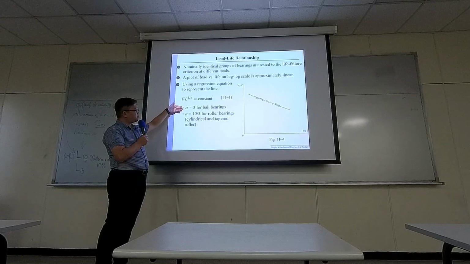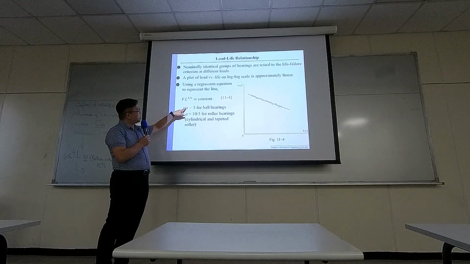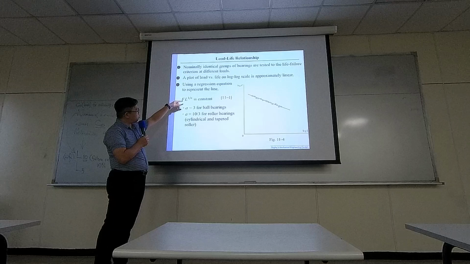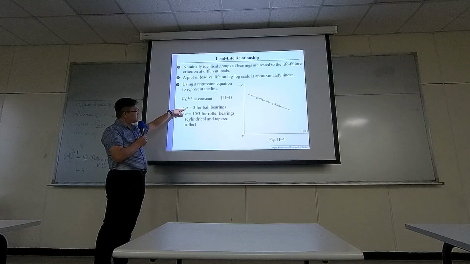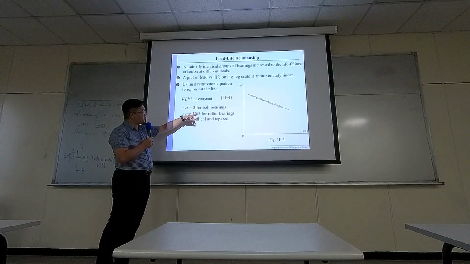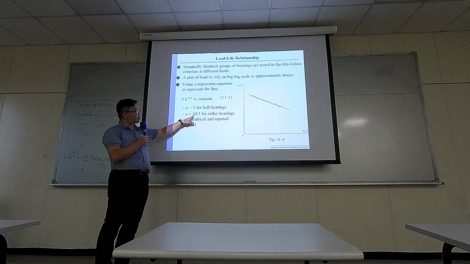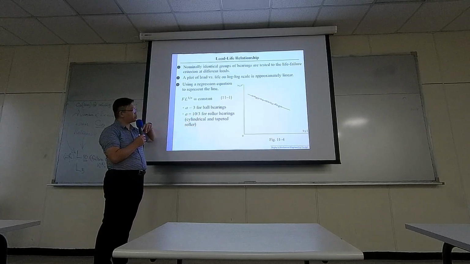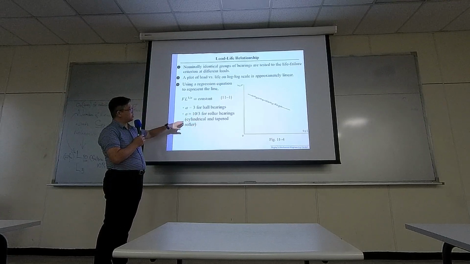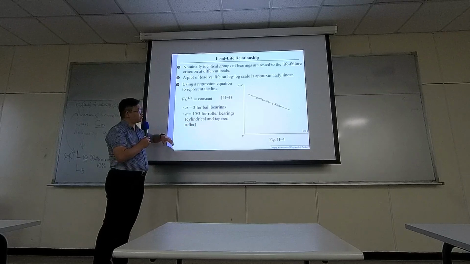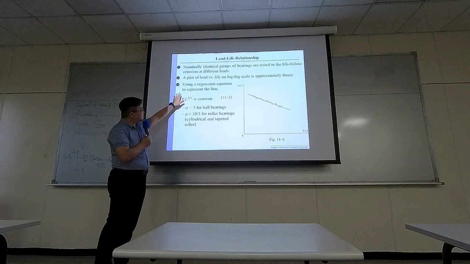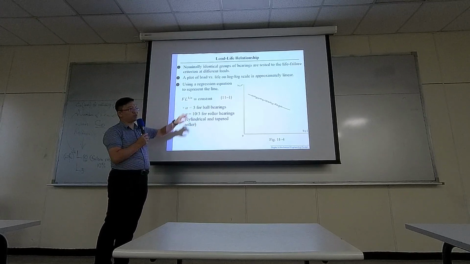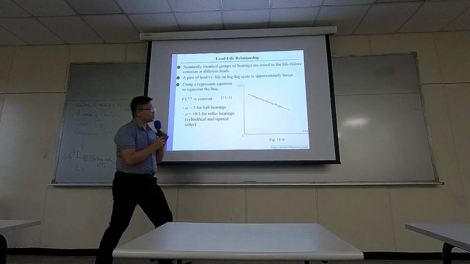The manufacturer realized the power is 1 over A, where A equals 3 for ball bearings and A equals 3.333 for roller bearings, either cylindrical or tapered roller. And this value equals a constant.